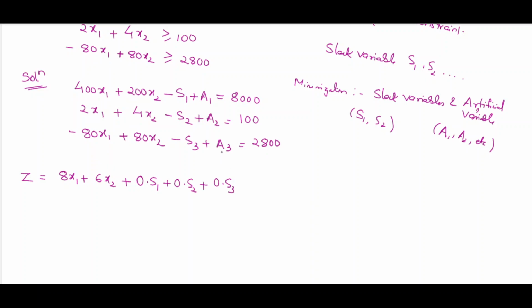But remember that the coefficient of a1, a2, a3 in the objective function will be M, so it is capital M a1, capital M a2 and capital M a3. It is fixed. If there were 5 a's, then it would be M a4, M a5 in the objective function. In the objective function, we use the coefficient M only.